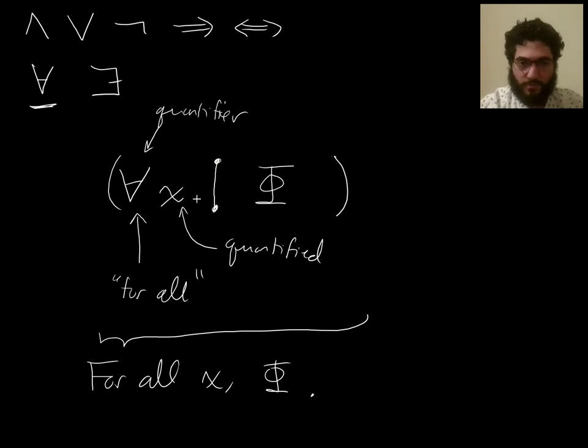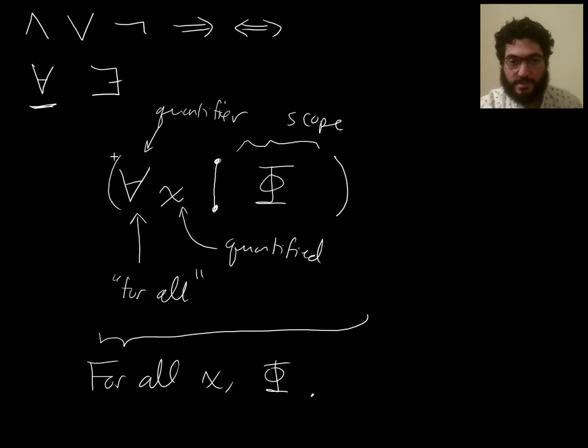So often when we're talking about proofs, you'll probably hear me or see me typing that, hey, this variable is quantified, make sure you're treating it properly. Quantified just means it's attached to a quantifier like this. And the area from here to here is called the scope of the quantifier. It's very important that the scope is clear, so where the quantification of the statement begins and where it ends.